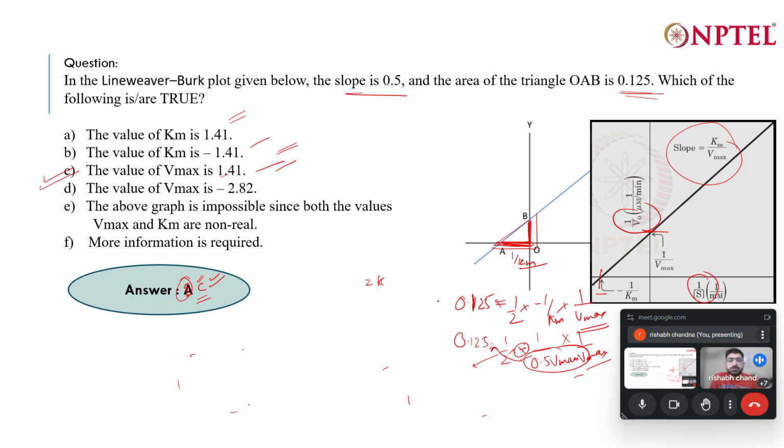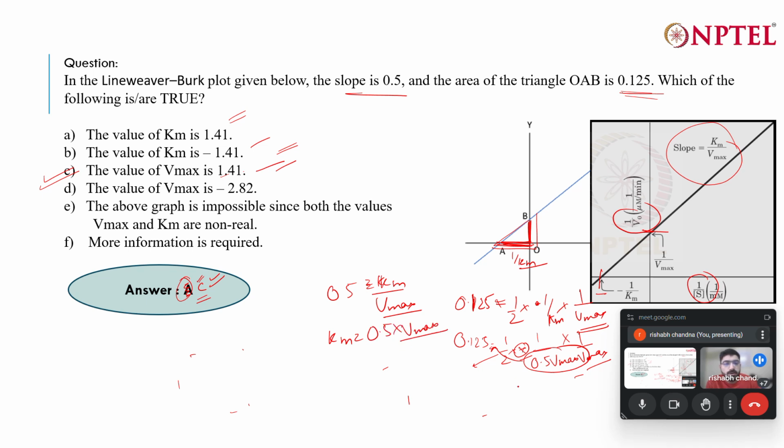Okay, so the slope that we have is 0.5, that is equal to Km by Vmax. Now this is the area of the right-angled triangle, so this is half into 1 by Km into 1 by Vmax. Now if we substitute, from here we got Km is equal to 0.5 into Vmax.